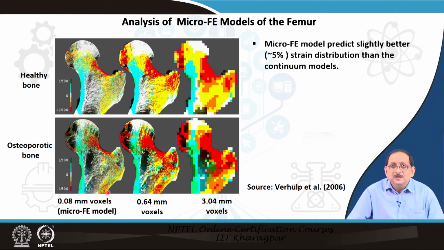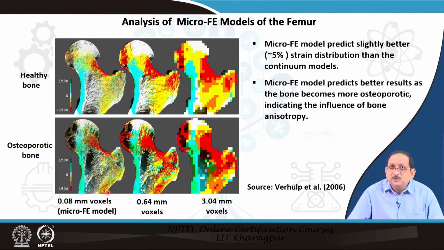The study observed that the micro FE model predicted slightly better strain distribution than the continuum model. The difference was around 5% as compared to the voxel continuum based model.